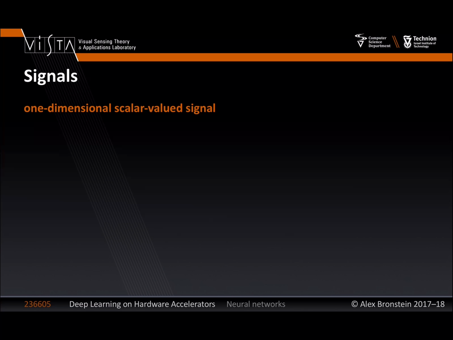Let me define a one-dimensional scalar valued signal. A scalar valued signal will be just a sequence of numbers. I will be indexing it by an integer index, and I can think of it as an infinite sequence of numbers, for example, an infinite vector, right?